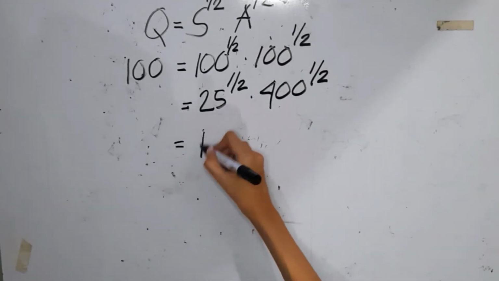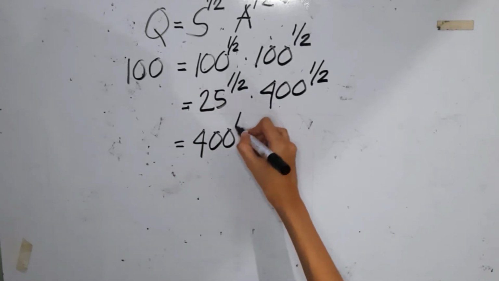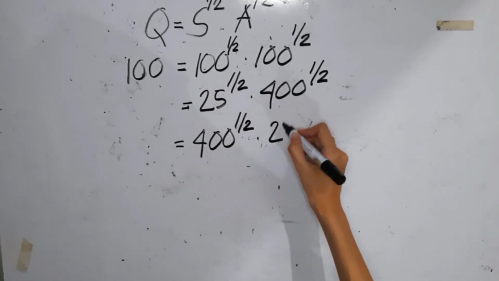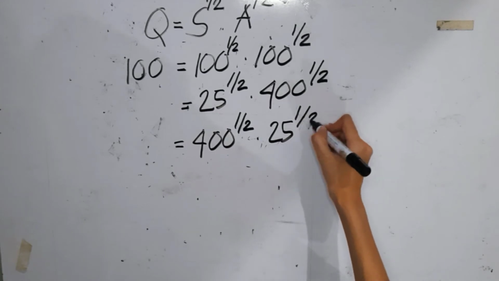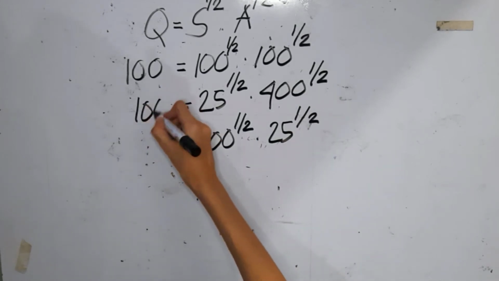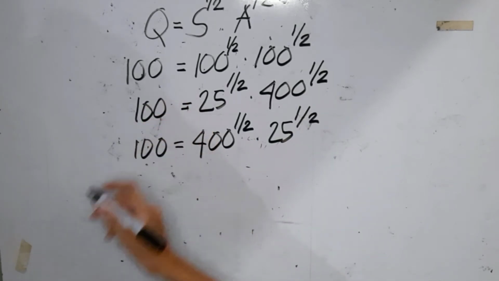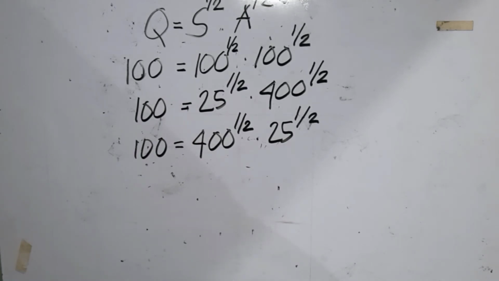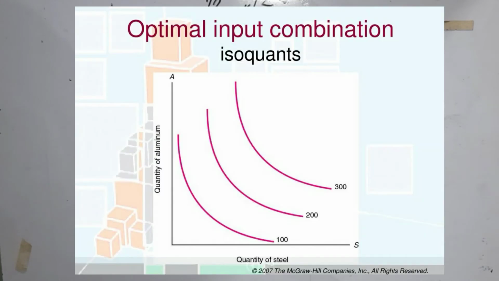Or you can have 400 pounds of steel and 25 pounds of aluminum. All of this will be equal to 100 units. So an isoquant will allow you to show all input combinations that produce the same quantity, assuming efficient production.